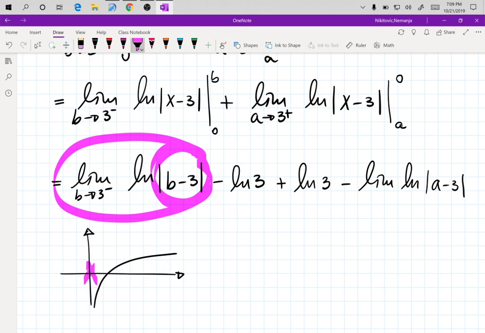You know what the scary part of this problem is? If you do this problem wrong, you're going to get a number. No, it also approaches 3 from the right side.